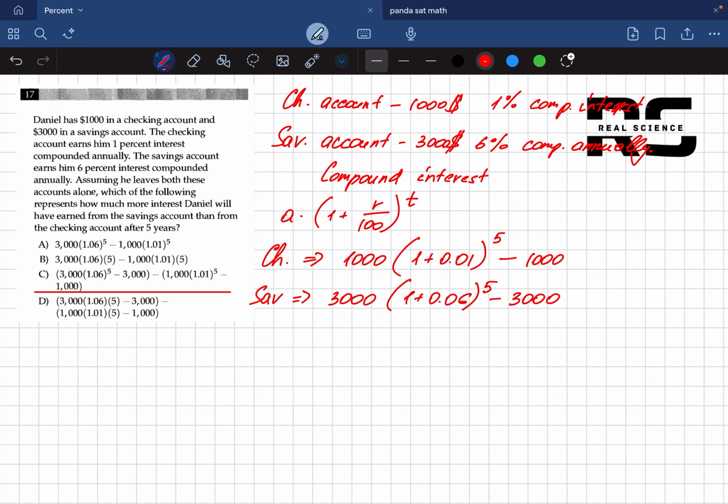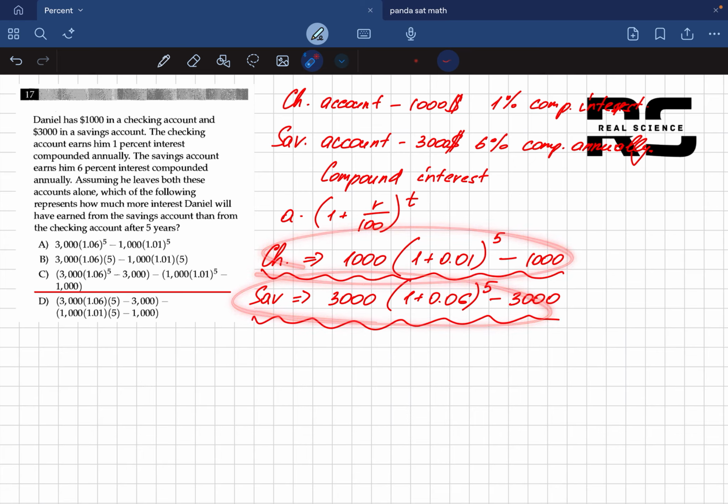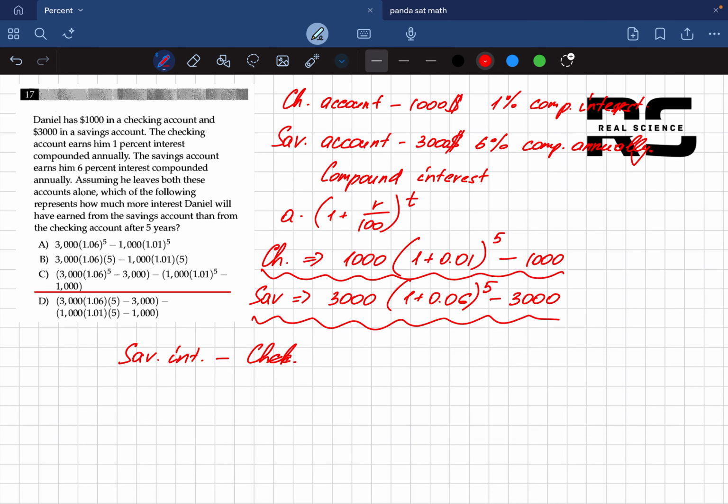Now, in order to understand how much more the savings account earned than the checking account, we need to subtract savings interest minus checking interest.